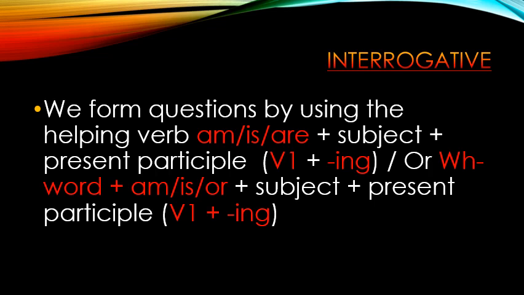But if I have a WH word like when, where, why, or what, or who, I start with the WH word, then the helping verb am, is, or are, then the subject, then the present participle. So you see the order: am, is, are, subject, then present participle. If I have a WH word, I just put it at the beginning. It's very easy, very simple.